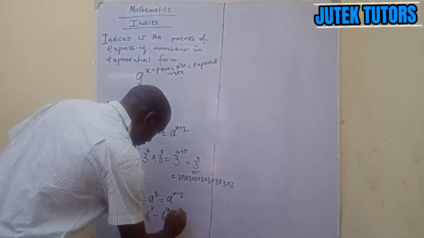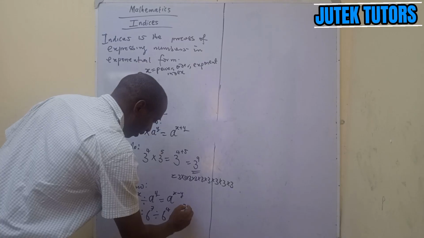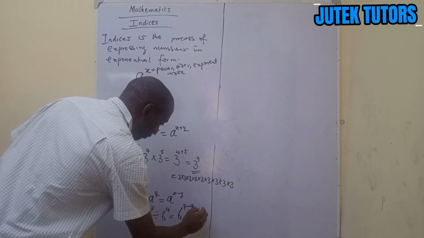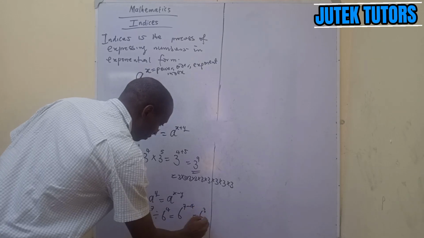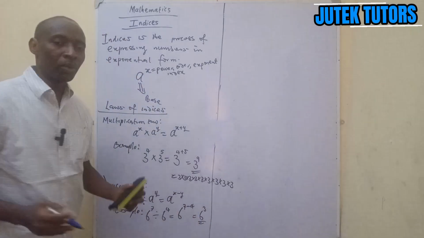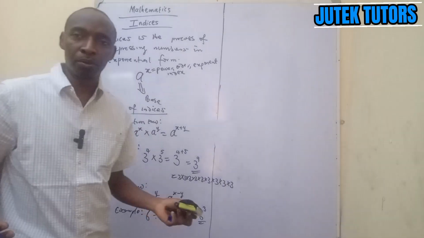It is equal to 6. You take the common base, 6 raised to power 7 take away 4, and that gives us 6 raised to power 3, because 7 take away 4 is 3. So that is our division law.